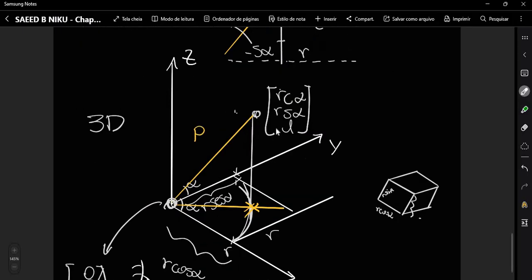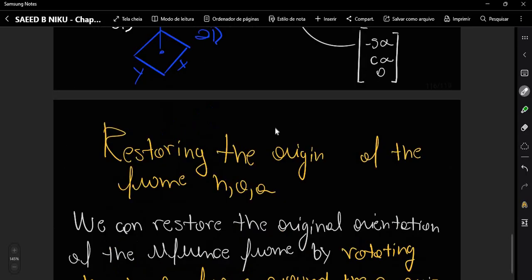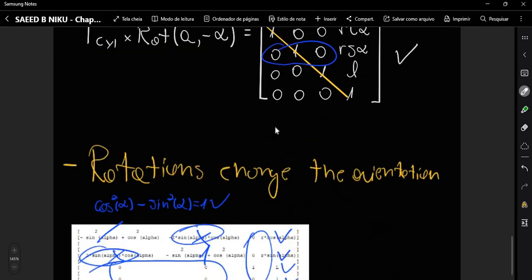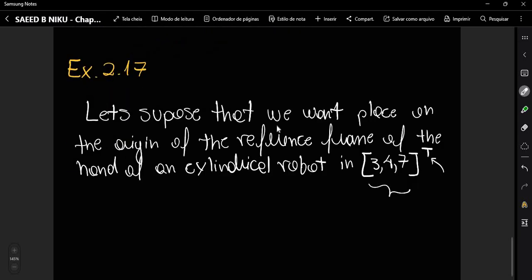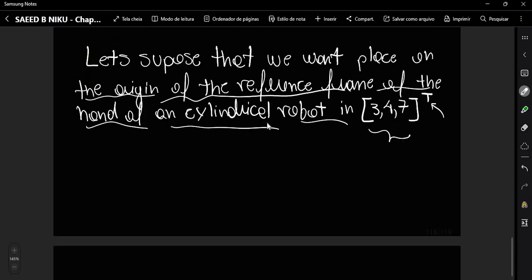So let's use this and compare with this example: the origin of the reference frame of the hand of the cylindrical robot, with these coordinates 3, 4, and 7.